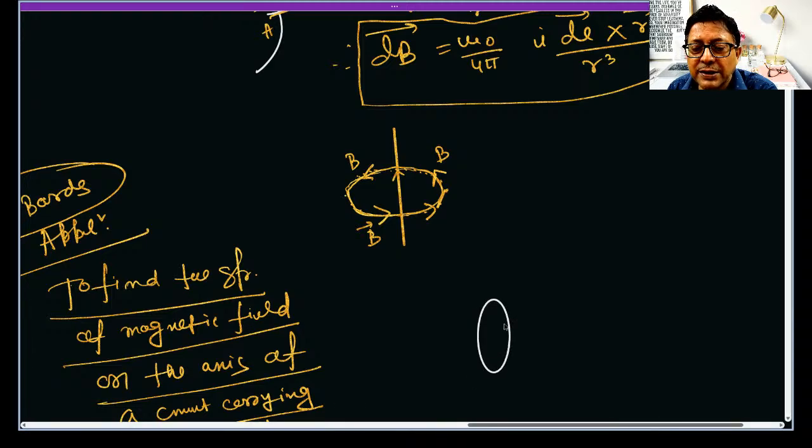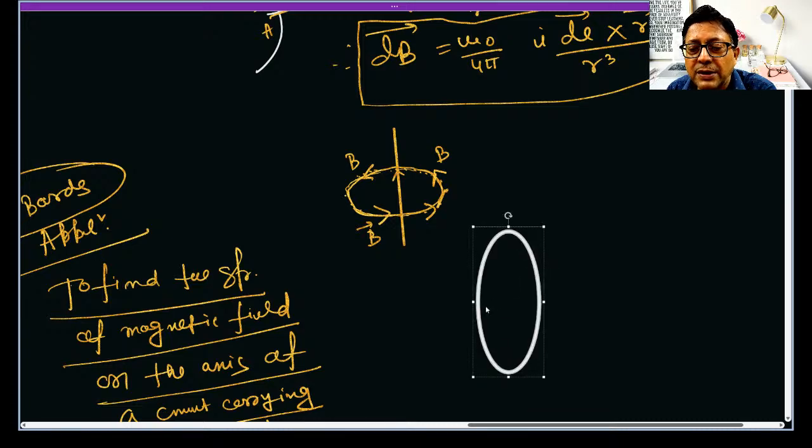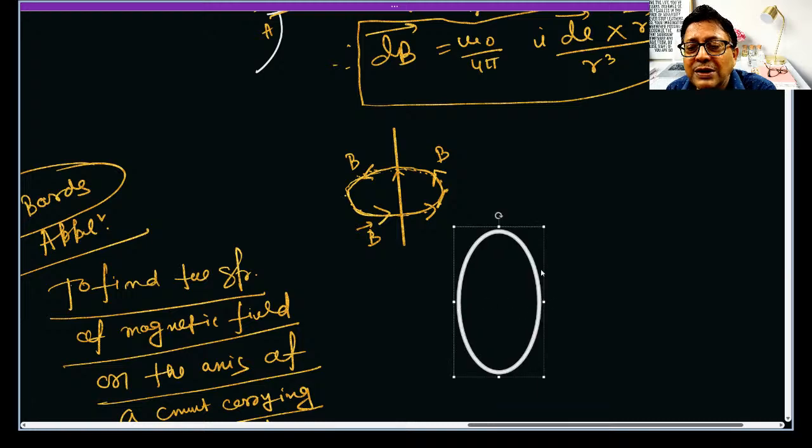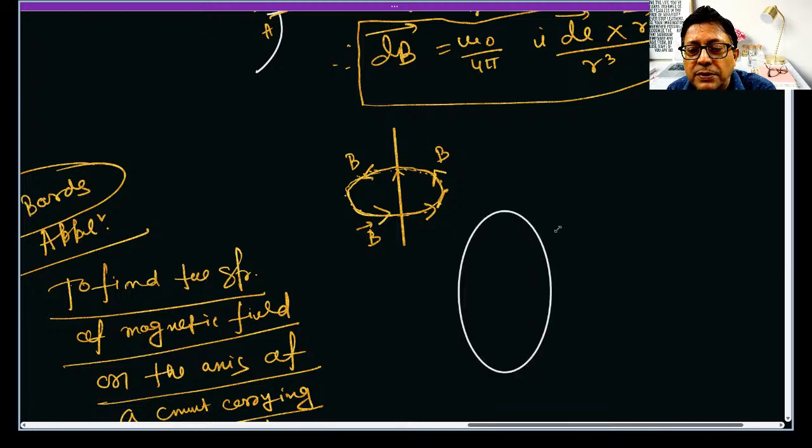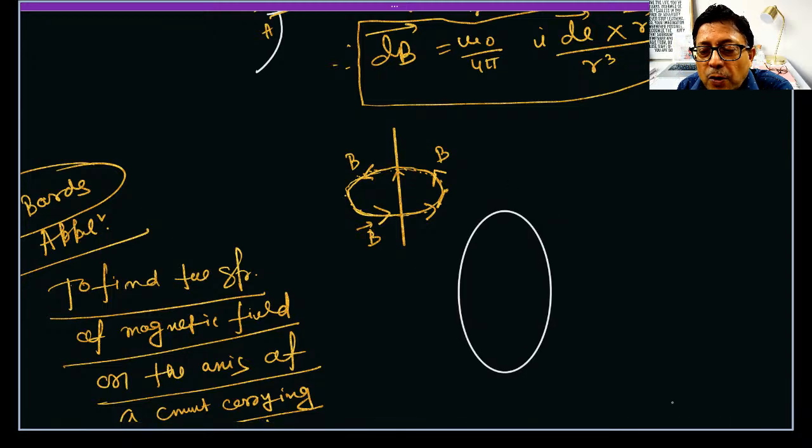It's a circular current carrying wire. We are going to find the strength of magnetic field on the axis of this circular current carrying wire. Okay, on the axis.